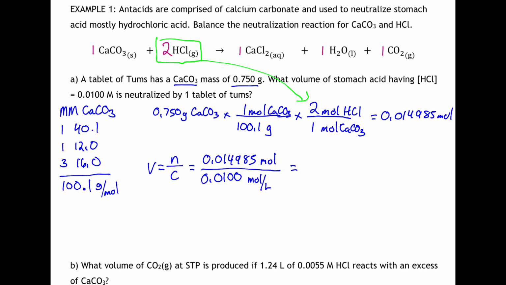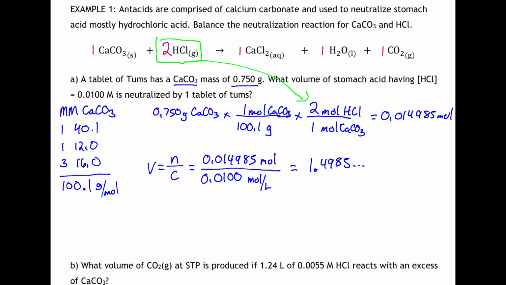And so when I do this division, I will actually get a liters measurement out of this particular question. When I do this division, I'm going to get 1.4985. That's a lot of decimals. How many should I keep? 3, I think. 3 is the right number of sig figs anyways.